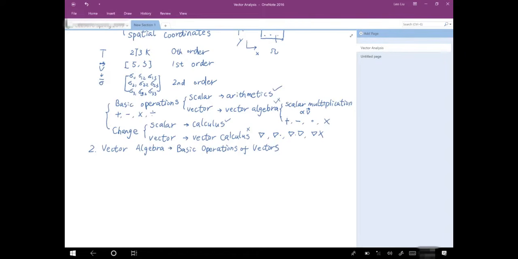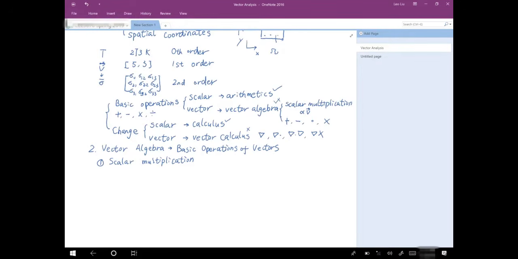And we need to talk about different operations. The first operation that we want to discuss is scalar multiplication.